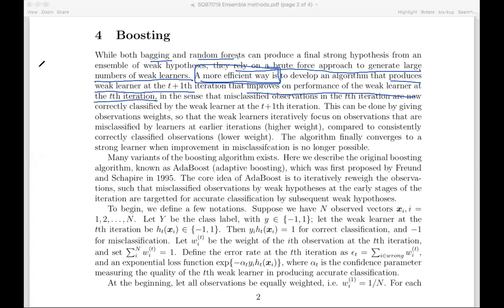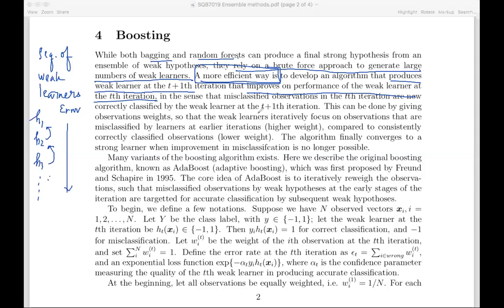So basically, you have a sequence of weak learners, H1, H2, H3, and so on, where the error rates are going down. So it's kind of improving. This one is improving on the previous one, and this one is improving on the previous one, and so on.